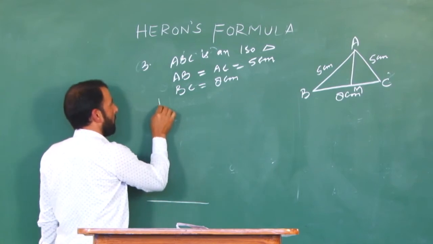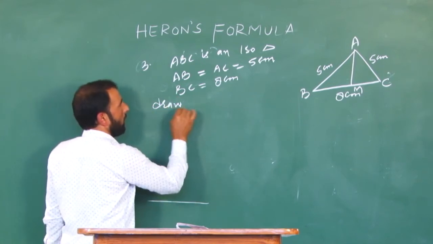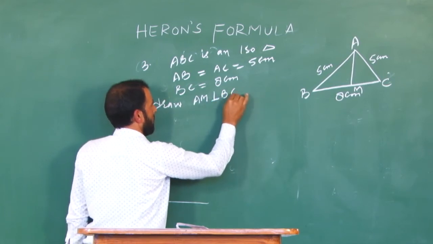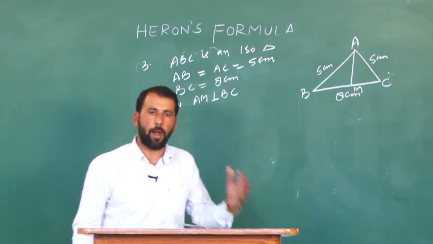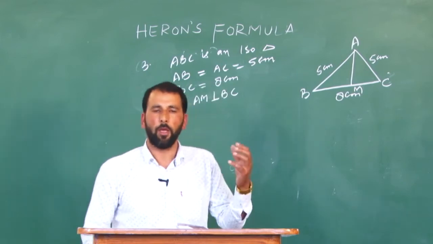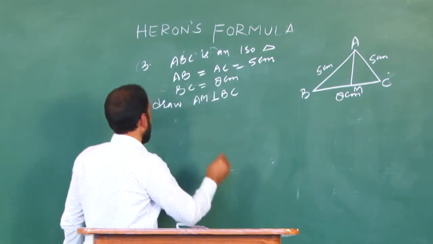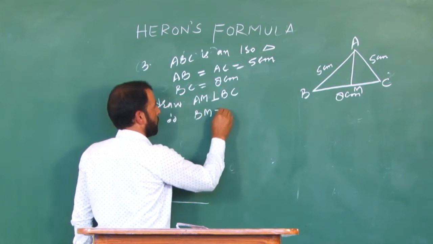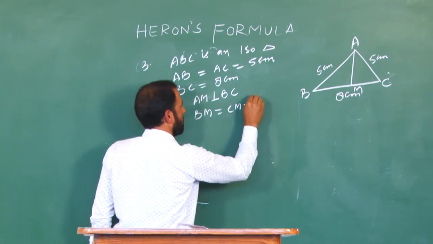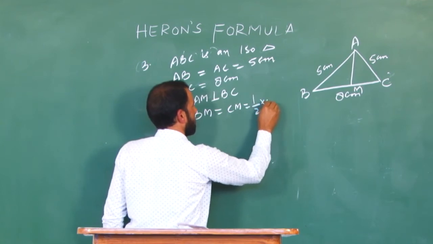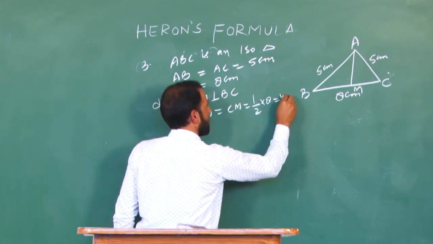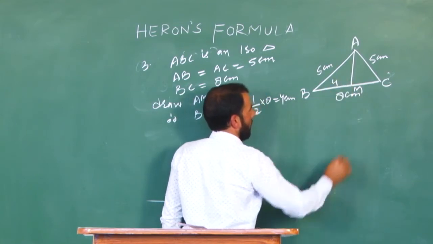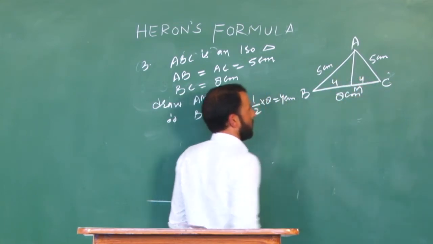Now we draw AM perpendicular on side BC. Clearly this perpendicular divides the base of the isosceles triangle into two equal parts. That means BM is equal to CM, both equal to 1/2 of 8, that equals 4 centimeter each. So the length of BM is 4, and the length of CM is also 4.